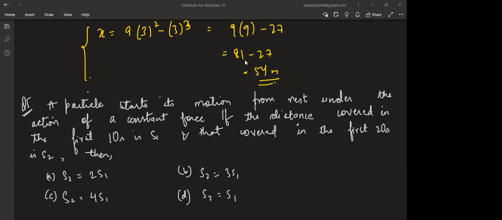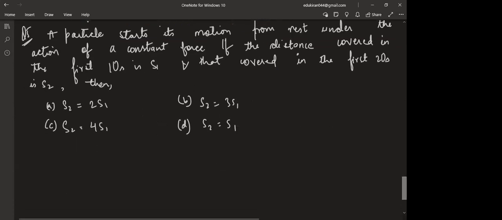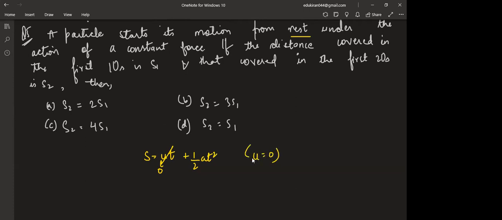Let me tell you, class, where are you all committing errors? Just remember, S is equal to ut plus half at square, right? You all know this equation. It says from rest, so this term becomes 0 because u is 0. So S is only half at square.